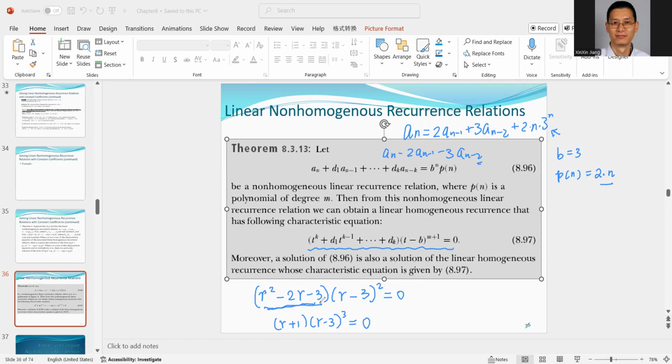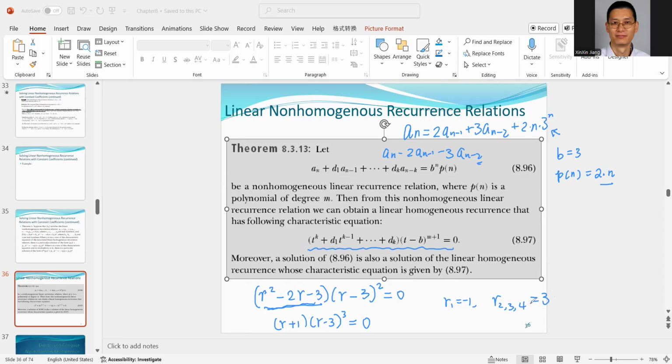I'm not going to talk more about it. You can use trial and error, or the quadratic formula, or completing the square. Anyway, we have two roots, r1 equals -1, and r2 equals 3, with multiplicity 3 for root 3.